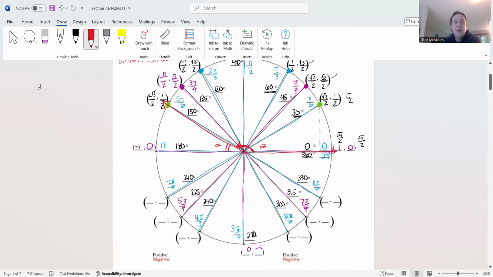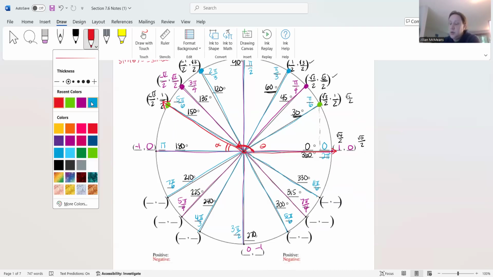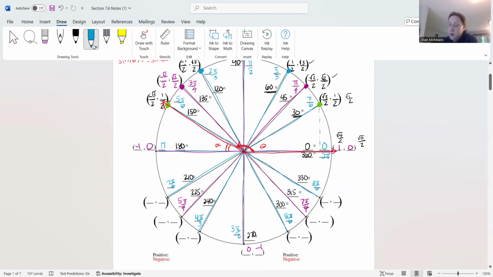Okay, now let's build the next quadrants. I'm going to go through the last two kind of quickly. So this point right here at 210 degrees, it lines up with 150 degrees and 30 degrees because its reference angle is 30 degrees. Now we have to be aware that in quadrant 3, both sine and cosine are negative. So the ratios are the same, the signs are different.